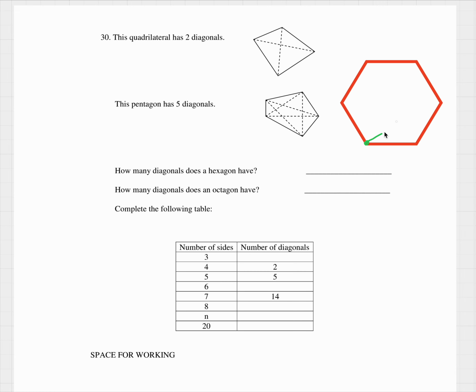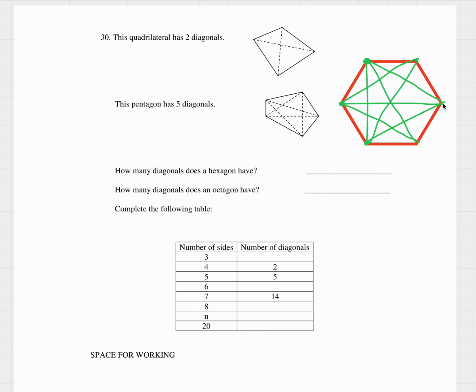Start with this vertex. Clearly 3 diagonals can be drawn that come out of this vertex. Moving on, 3 more from this one. But by the time we get to this 3rd vertex, 1 has already been drawn, so we can only add 2.